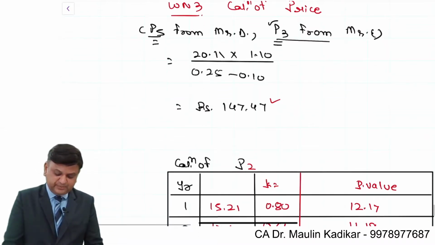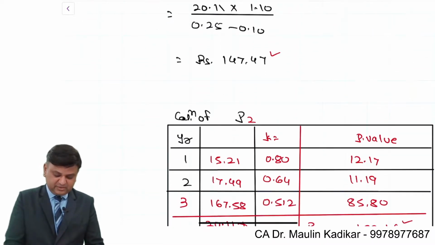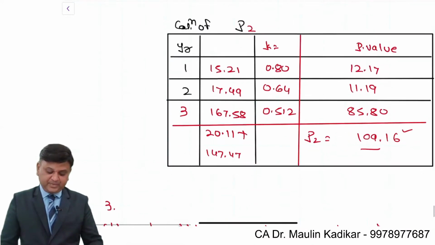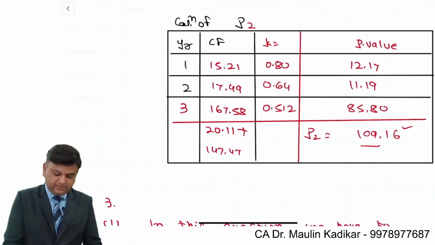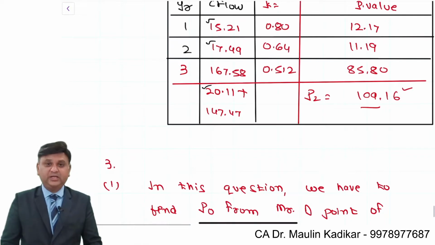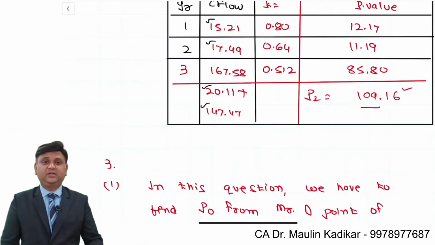More relevant is P3. That comes to 147.47. Now what the prospective investor will see: I am going to receive 15.21, I am going to receive 17.49, I am going to receive 20.11, and I am going to receive 147.47.